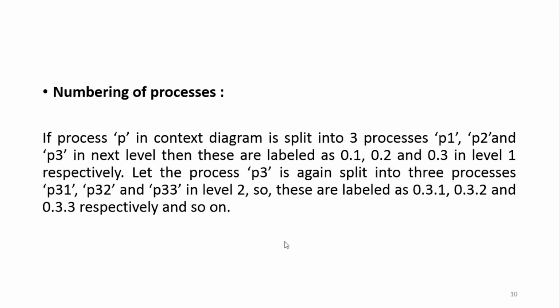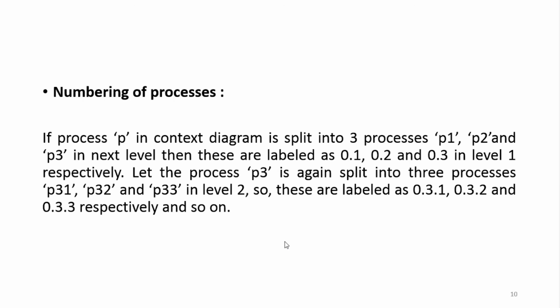Whatever processes are at level 1 are numbered 0.1, 0.2, 0.3, and so on. In general, when a process numbered x is decomposed into subfunctionalities, its children processes are numbered x.1, x.2, x.3, and so on.